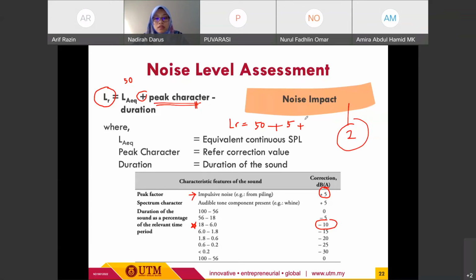Right. So, jadi, tolak, sorry. Minus duration. Duration, kalau yang ni negatif. Okay, so at the end, kita akan dapat 5 plus, so 65 lah. Dia punya sound level rating, rating sound level. Okay, that's a simple example for sound level rating.